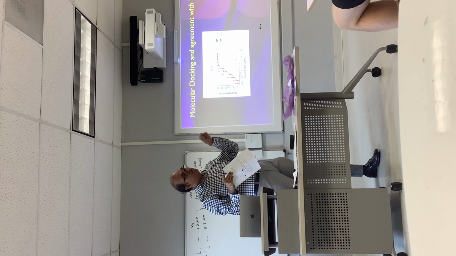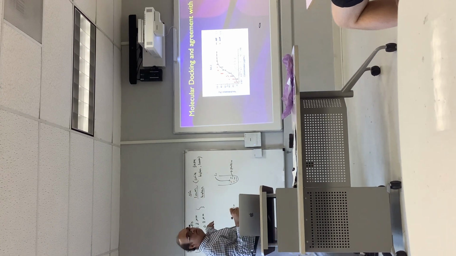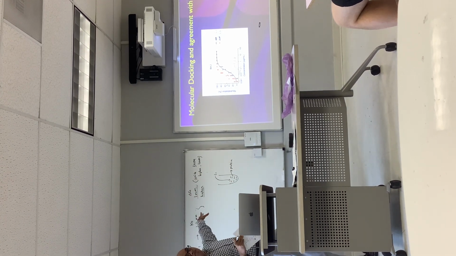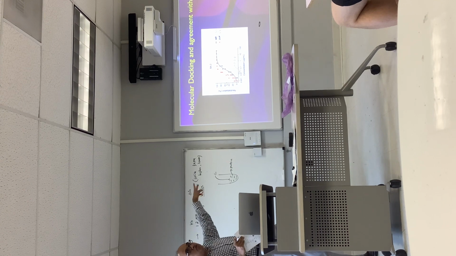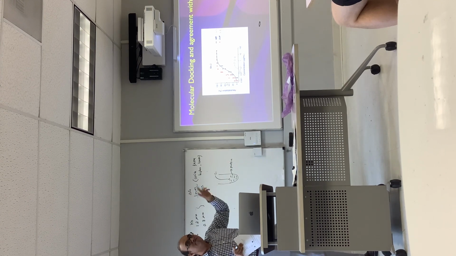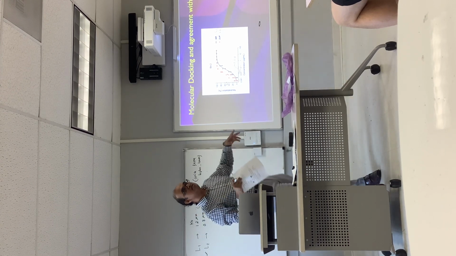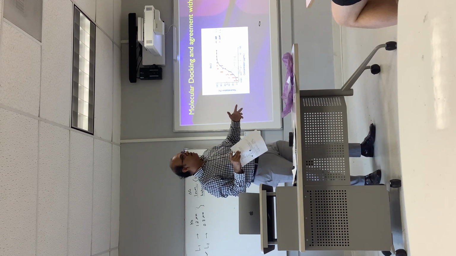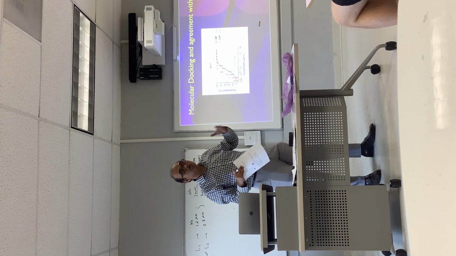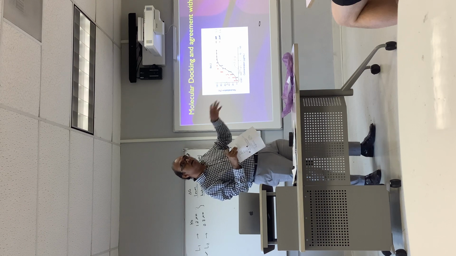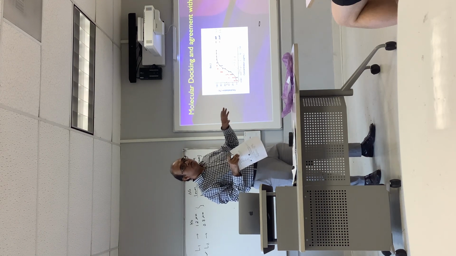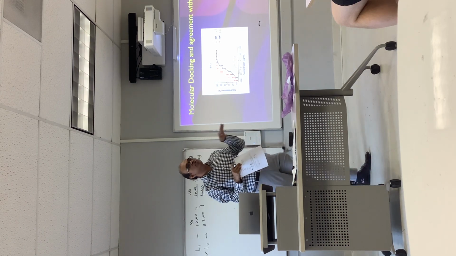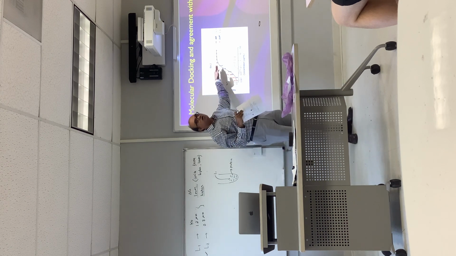We first look at the KD value, and then we don't stop there. We say, okay, now we want to see if it can inhibit the protein's function, if it can neutralize it. Neutralize means that the protein is not going to work anymore. Okay? So we look at 50% because it takes time to go to 100%.